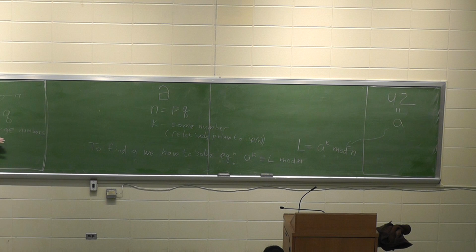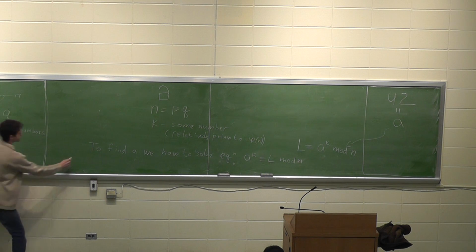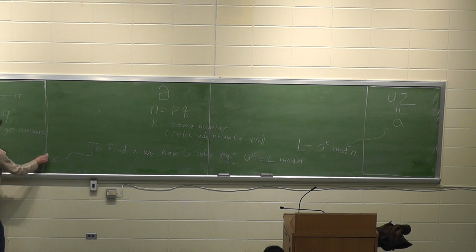But of course, this operation is very easy to do if phi of n, which is p minus 1 times q minus 1, is known.